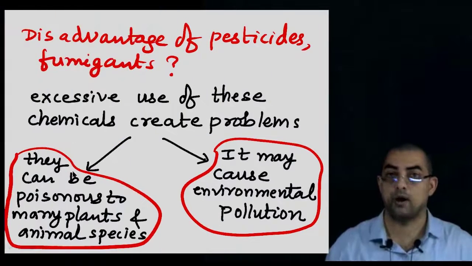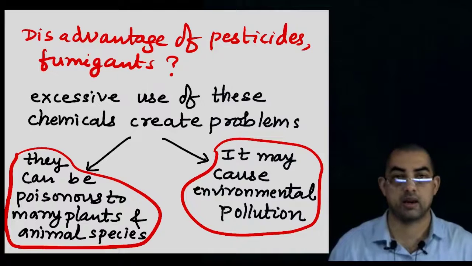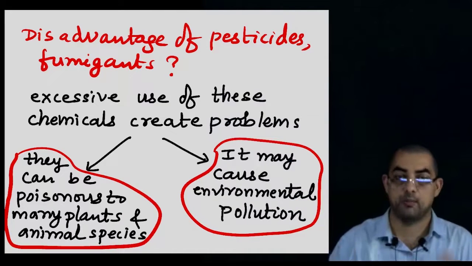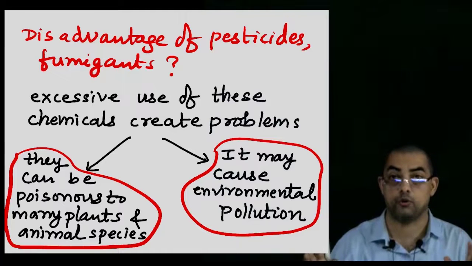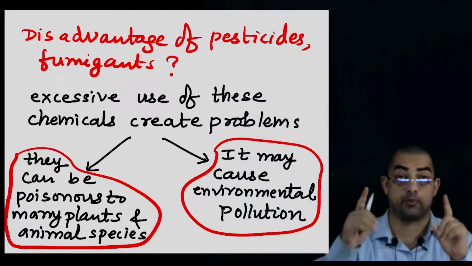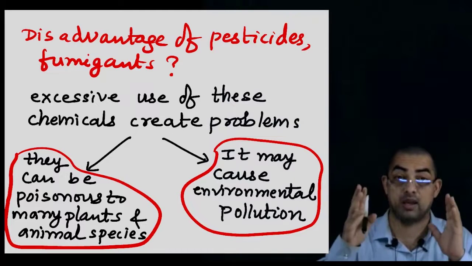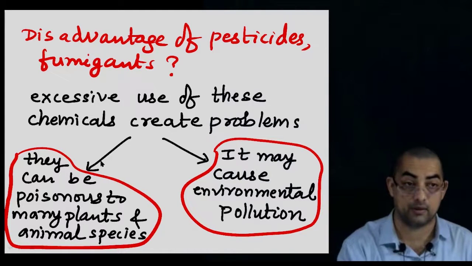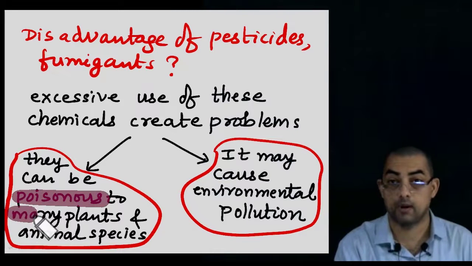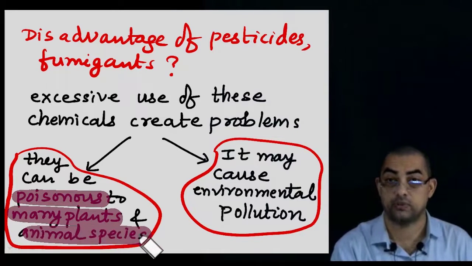Next, let us talk about the disadvantages of pesticides and fumigants. No doubt we are spraying all these pesticides and fumigants, but definitely there is a drawback. Excessive use of these chemicals is going to create a problem, because all these are chemicals, and they are dangerous. The first thing is that they can be poisonous to plants and animal species.